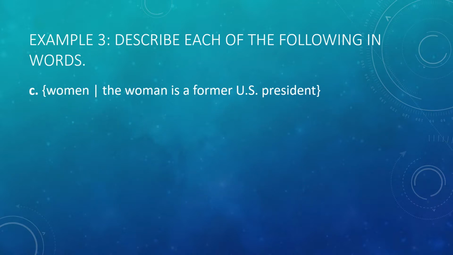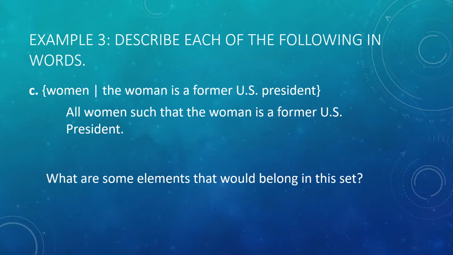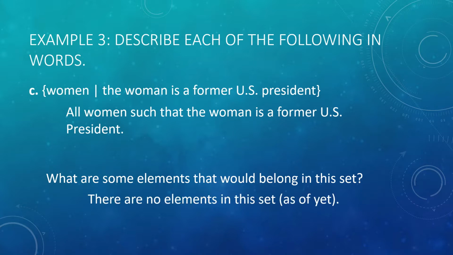And then our last set that we're asked to describe is the set of women such that the woman is a former U.S. president. So what are some elements that would belong in this set? There are no elements in this set as of yet.